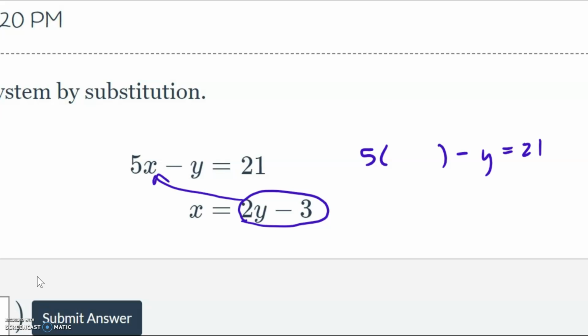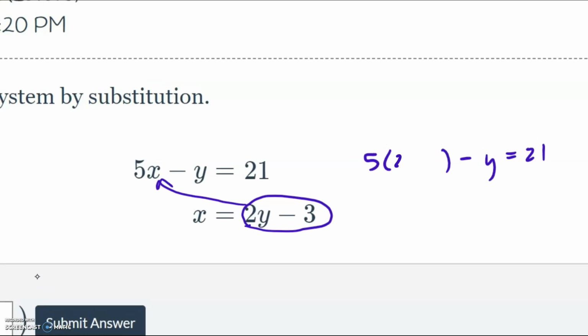Okay, so I've written out the top equation, but instead of the x, I'm plugging in a 2y minus 3. All right, now I'm going to solve. Don't forget to put parentheses around the expression you're plugging in so that you can distribute if you need to. I'm going to distribute my 5, and I get 10y minus 15 minus y equals 21.